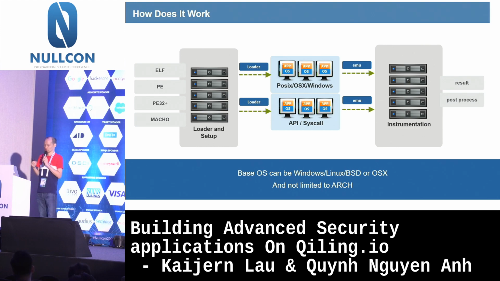The Qiling emulator will take all of these kinds of programs as input, and inside the emulator, it tries to load the program into memory and do all kinds of setup. After that, we emulate all the operating systems that we try to support, like Windows, Linux, Mac, and BSD.